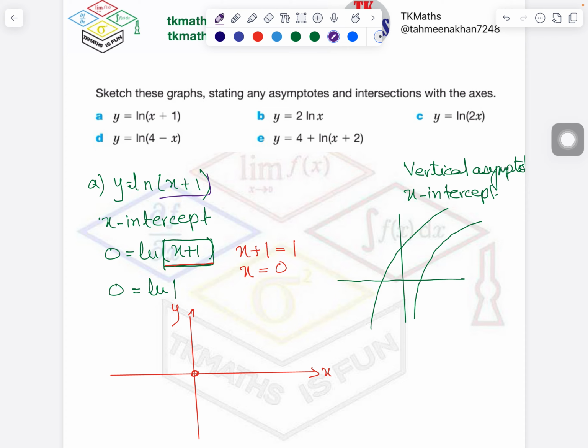This function here, you will say it is greater than 0. So what did you get? All the values of x are greater than -1. It means you will have an asymptote at -1. So your sketch will be something like this. That's all. Right? I don't think I will do all, but let me do a few more here.